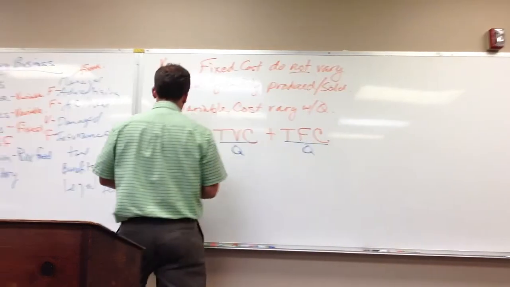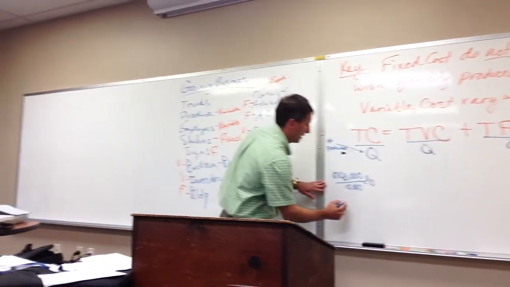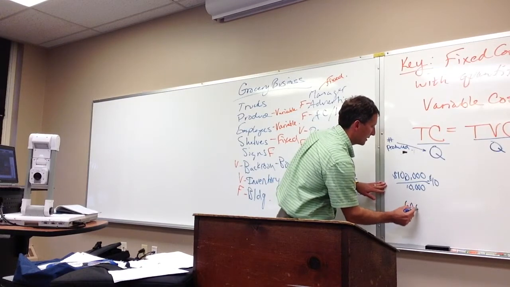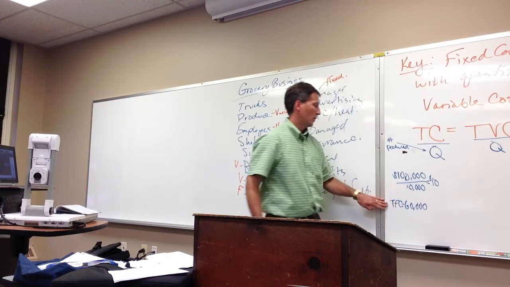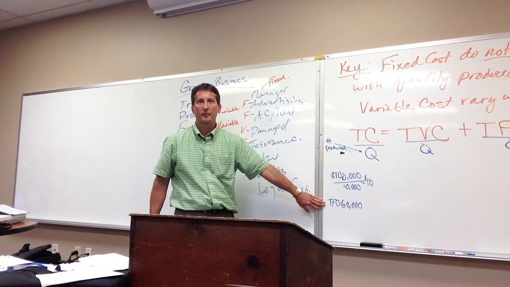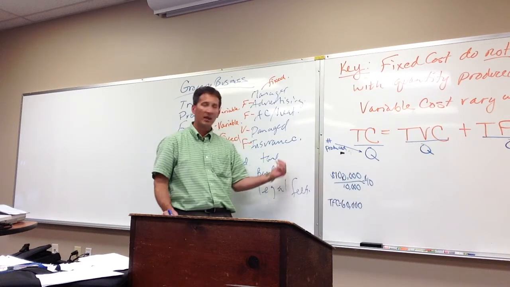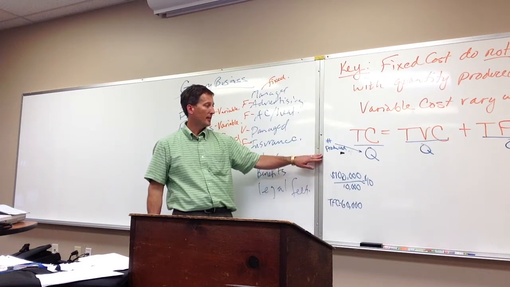So in our example, if the fixed costs were $60,000, if that was the total fixed cost, what is the average fixed cost? $60,000 worth of cost, fixed cost, so the building, the rent, all that stuff. And we're doing 10,000 units.